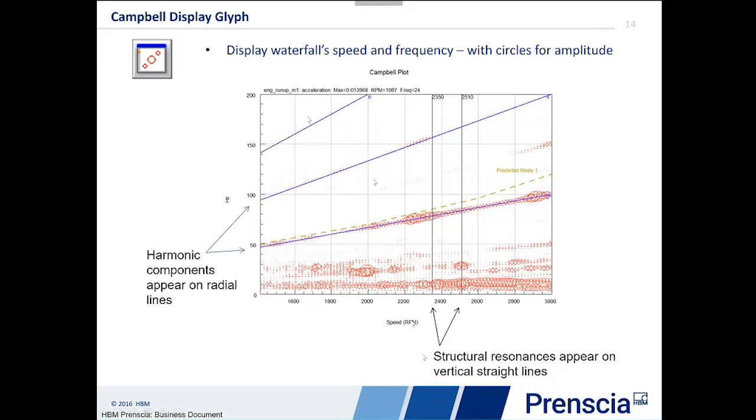You can also, in this Campbell plot, I'll show you later, but it's interesting to also display those vertical lines which represent specific resonances, for instance, when the order is obviously crossing a reference, because you've got all of a sudden a big energy there. And then also you have horizontal lines that you can position on this Campbell plot.